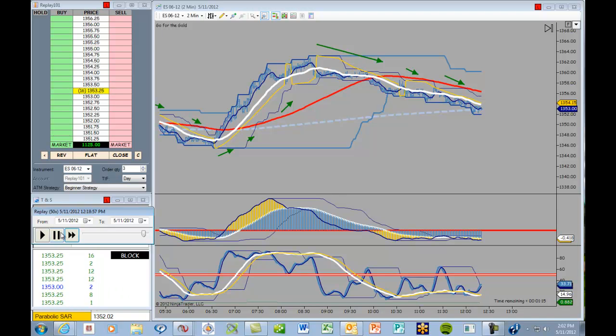Price is stalling out there at the long-term moving average. Okay, flip the parabolic. And again, with the bearish hook.